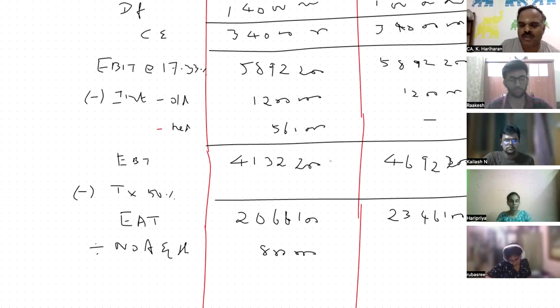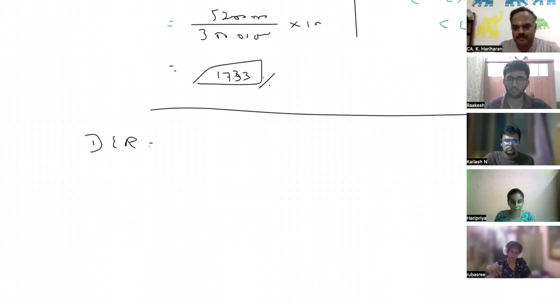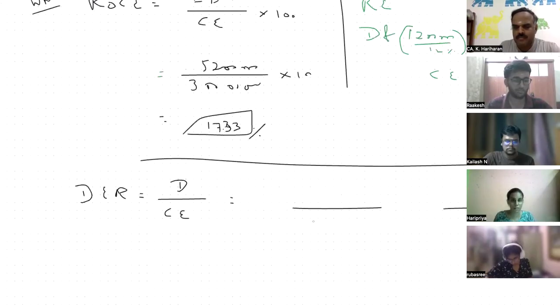In option 1, total capital employed is 3 crore 40 lakhs. Option 2 is also 3 crore 40 lakhs. Option 1 debt is 1 crore 40 lakhs, whereas here it is 1 crore.